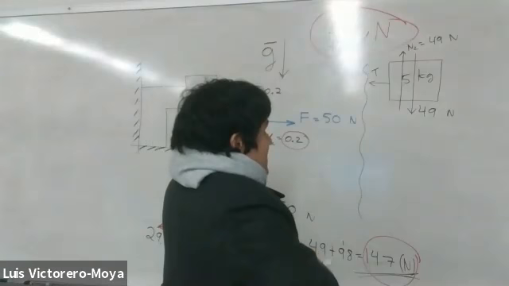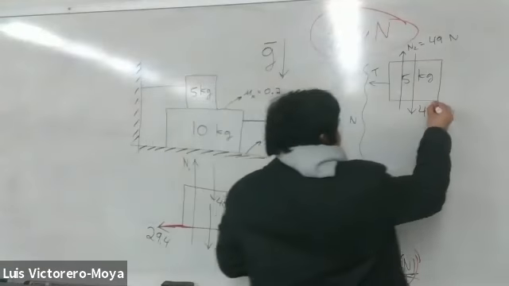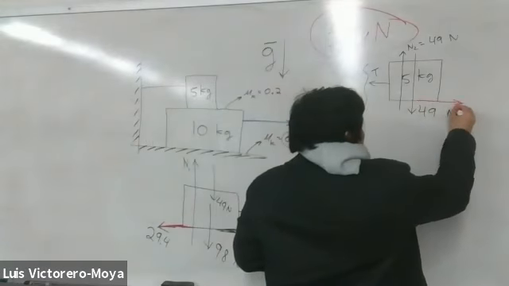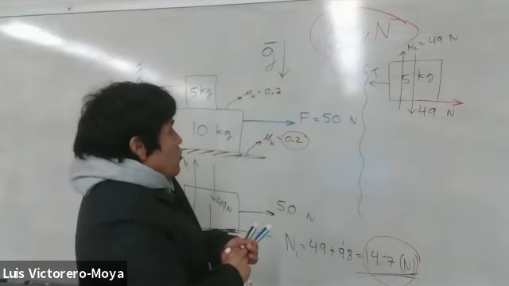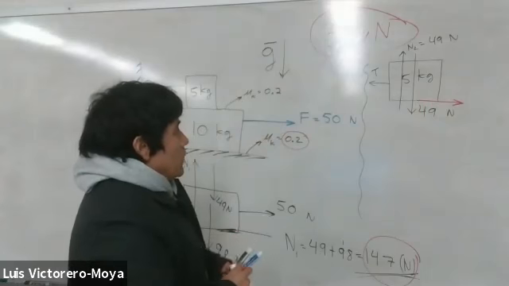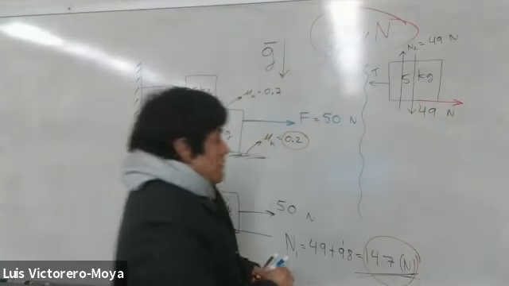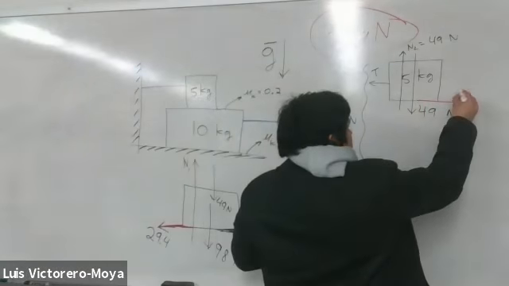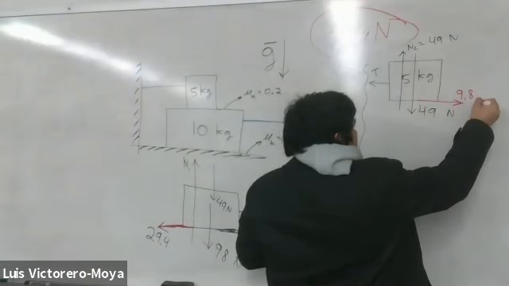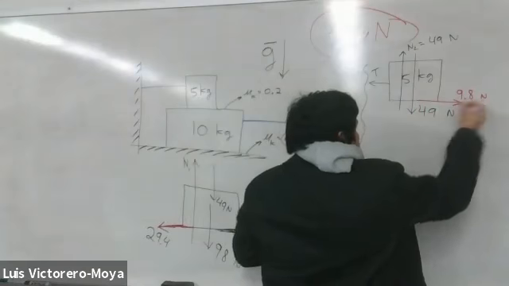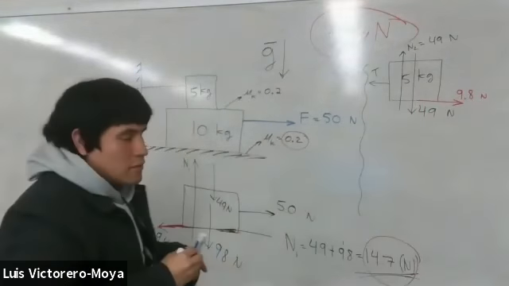So the friction for this guy goes here, and that friction is 49 times 0.2. That will be 9.8 newtons.